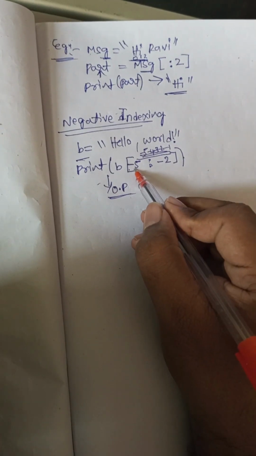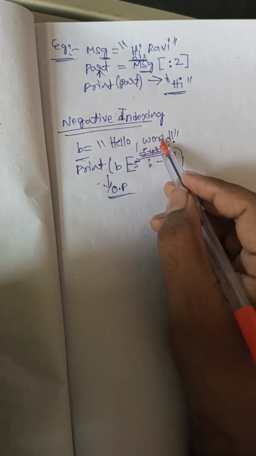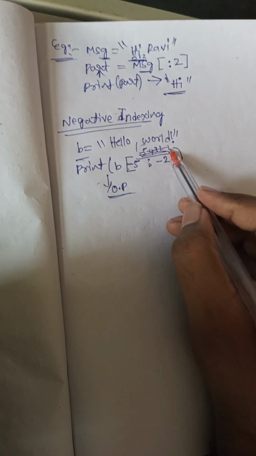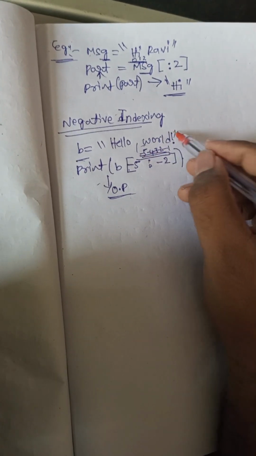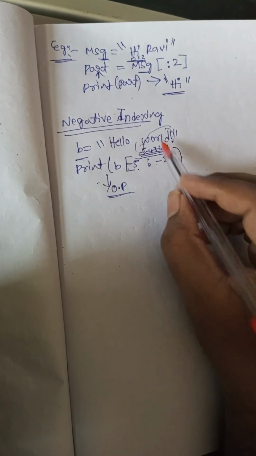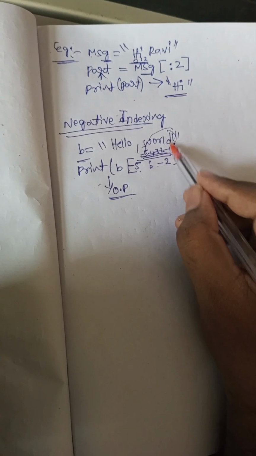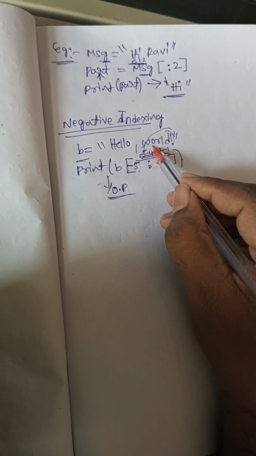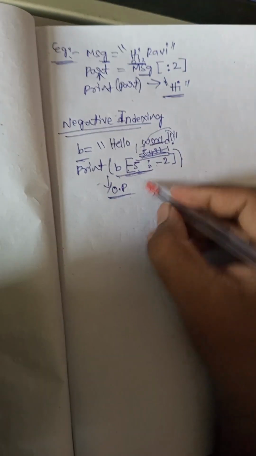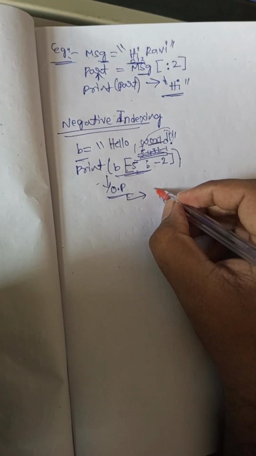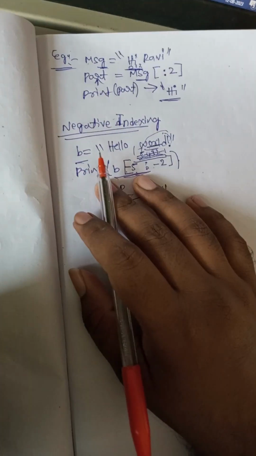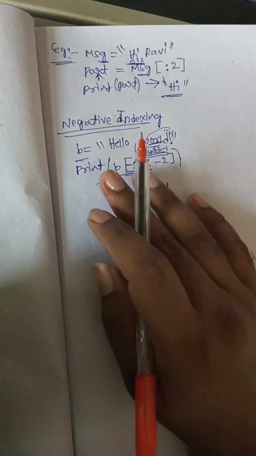Here -5 is where it starts, counting -1, -2, -3 from the end. The output should be up to -2, and the -2 index is not included. So this part will be obtained. When we use this operation, the output should be "o" or "l" in the word. This is the negative index.